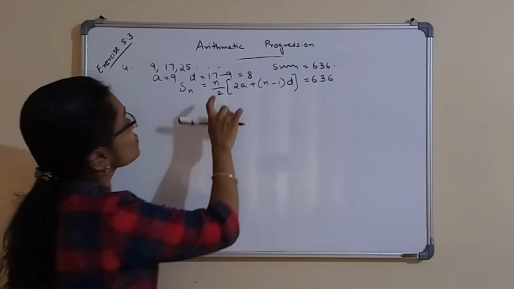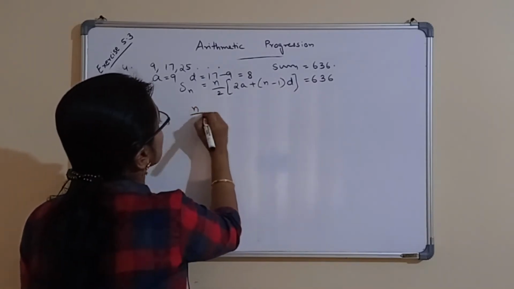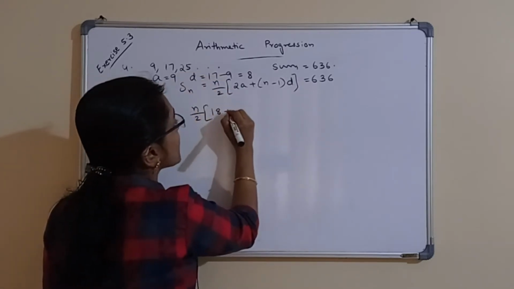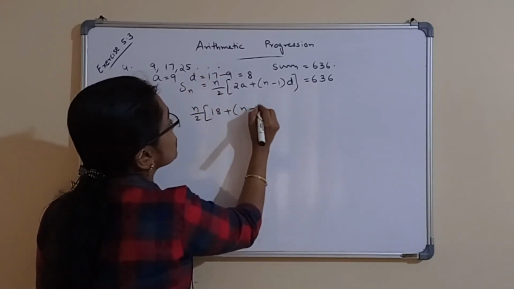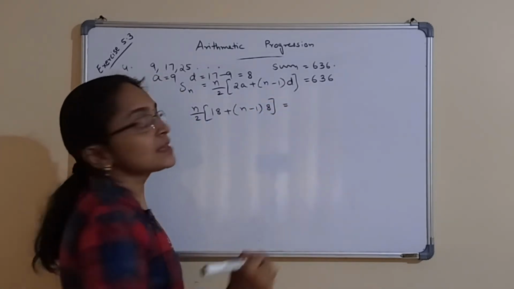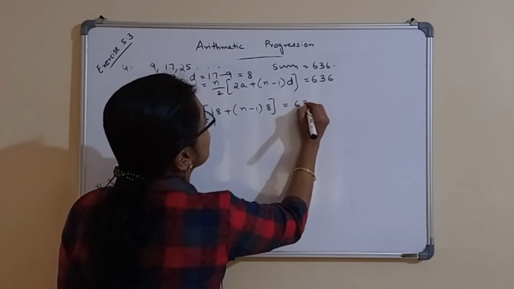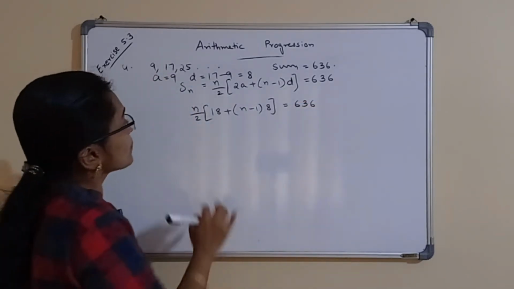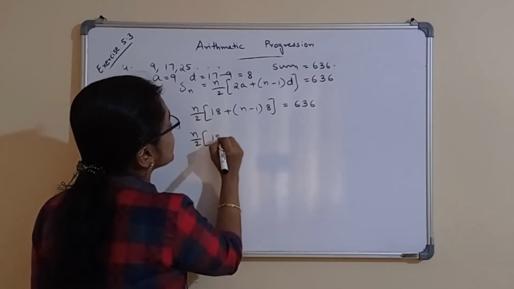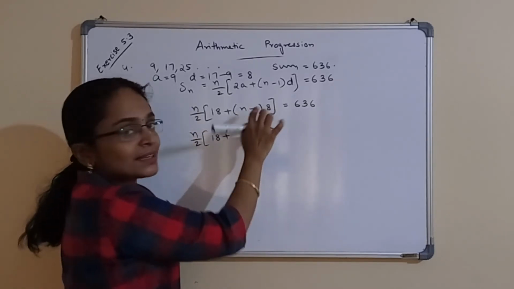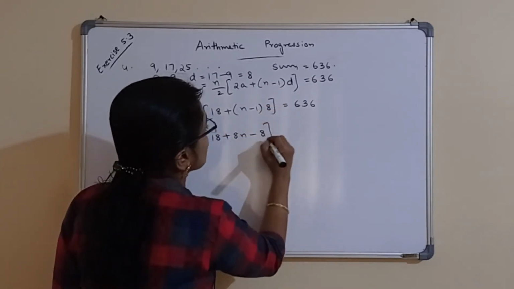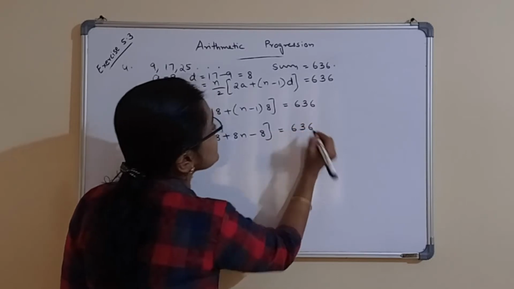Now, we can substitute all these here. n by 2 into 2a means 2 into 9, which is 18, plus n minus 1 into d, which is 8, is equal to 636. Now we can write this as n by 2 into 18 plus n into 8 is 8n and minus 1 into 8 is minus 8, which is equal to 636.